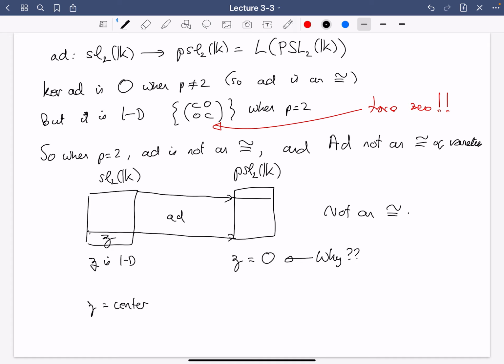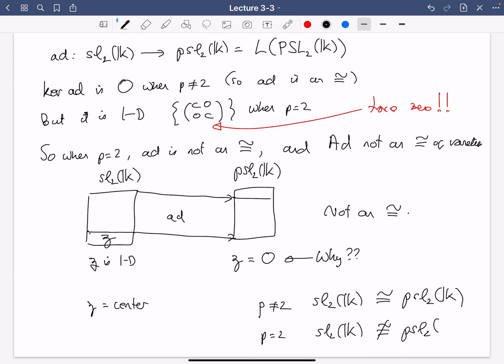I'm just investigating this example. When P is not 2, the Lie algebra of the group SL2 and the Lie algebra of the group PSL2 are just isomorphic Lie algebras. In fact, they're both simple Lie algebras. But when P equals 2, these Lie algebras are not isomorphic. The cheap way to see that is what I'm writing here about the center.